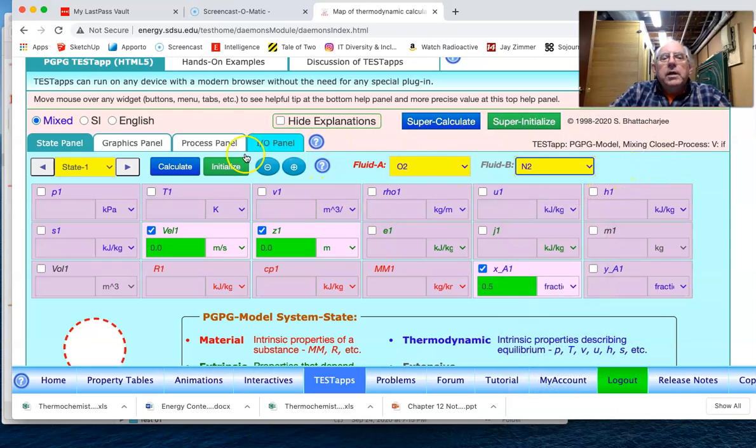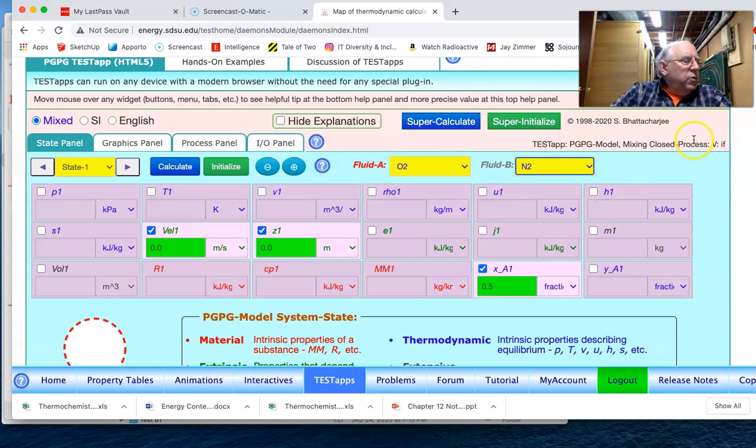We are going to allow state 1 to be the left-hand side, the oxygen, fluid A, and state 2 to be the initial condition of the nitrogen, and then we allow them to mix and form a state 3 as a mixture.